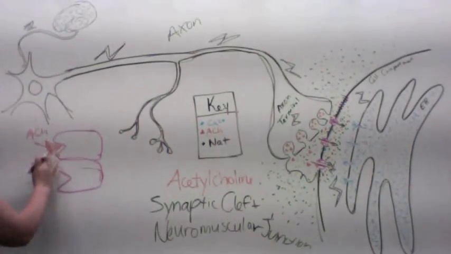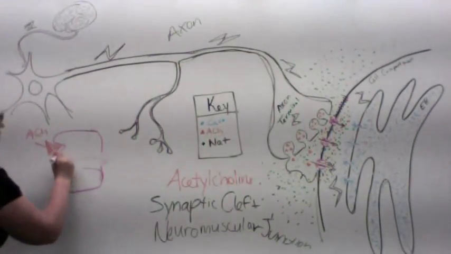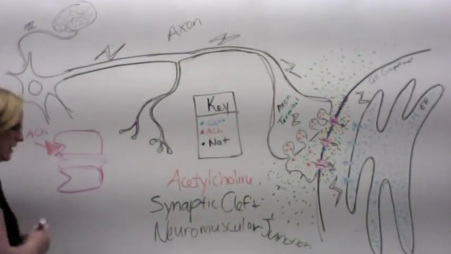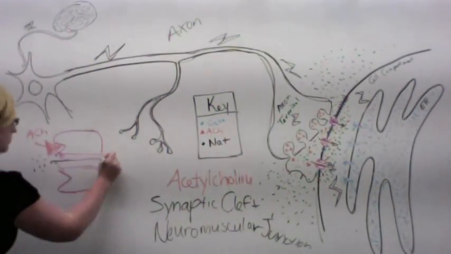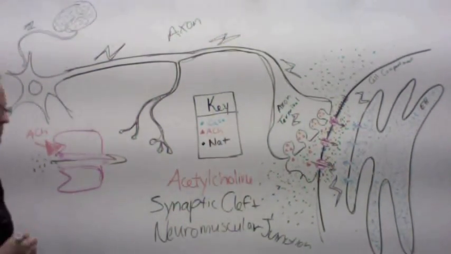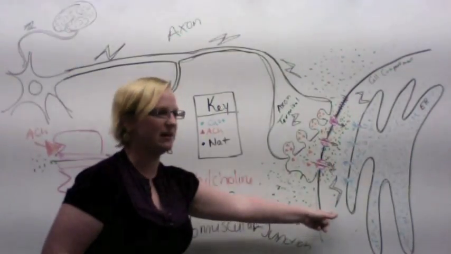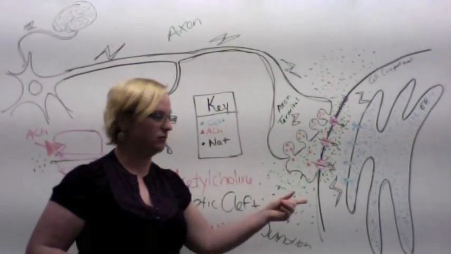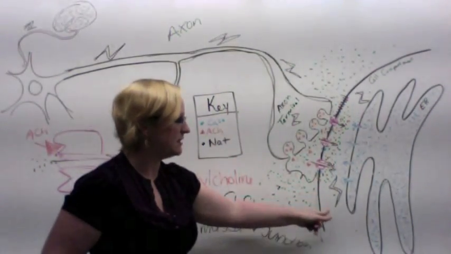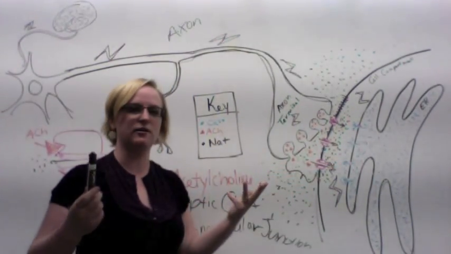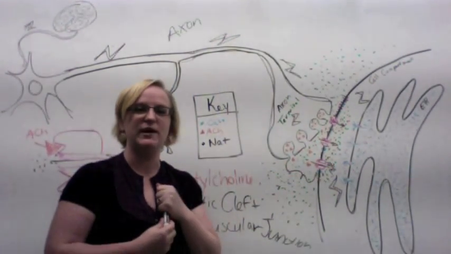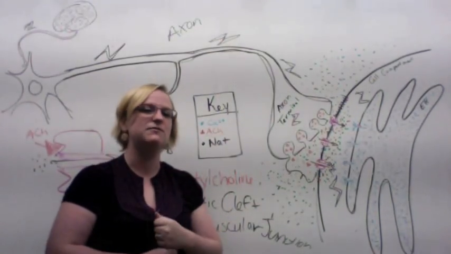But once that acetylcholine binds, it opens, and then sodium can flow through, right? And sodium is what we need to make this cell excited as represented by these little lightning bolts. Once that cell becomes excited, it can release calcium from the endoplasmic reticulum to fill that cellular compartment. And we're going to cover what happens next in our sliding filament theory video.